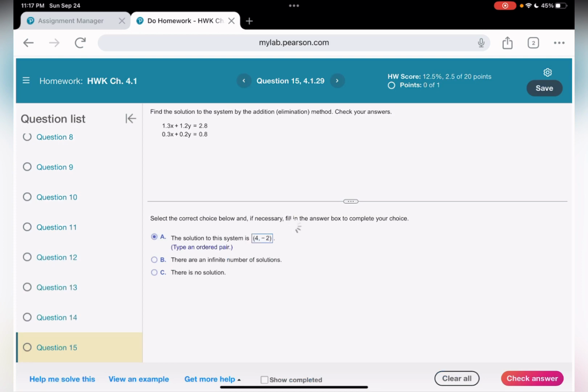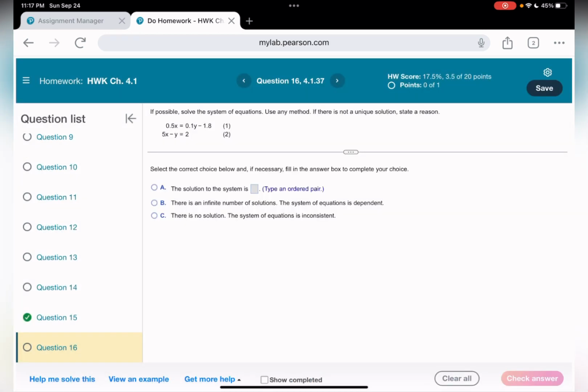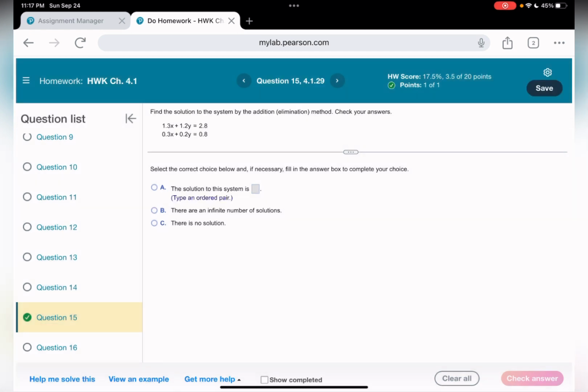Okay, very good. So that was 29, and now I will solve 39 and 49, and that's it.